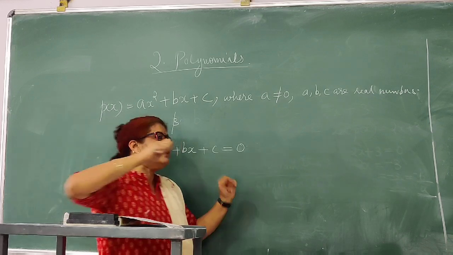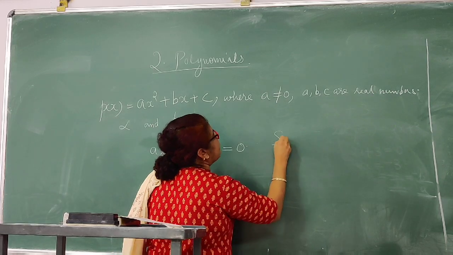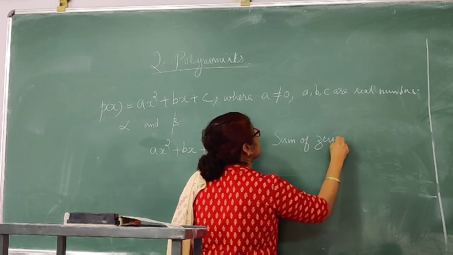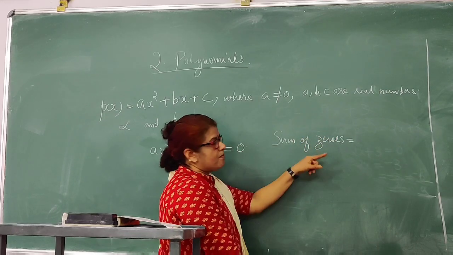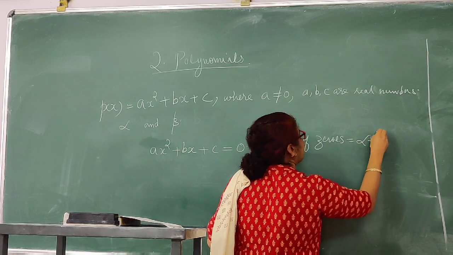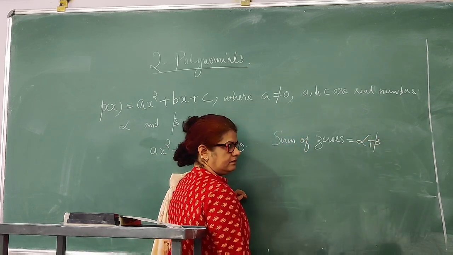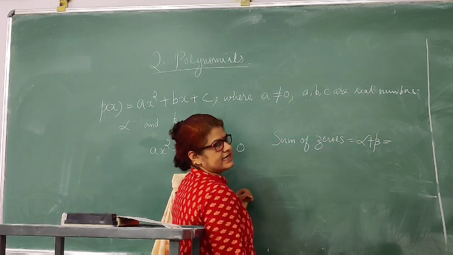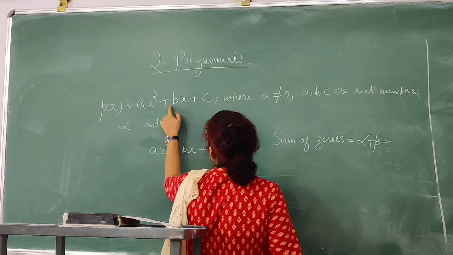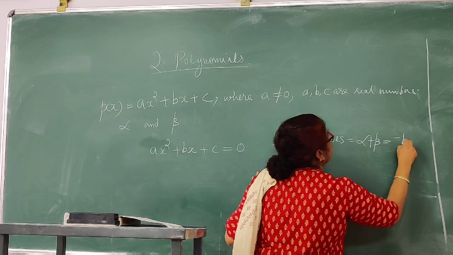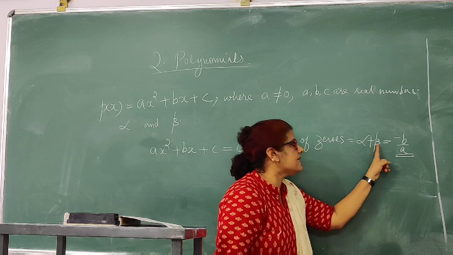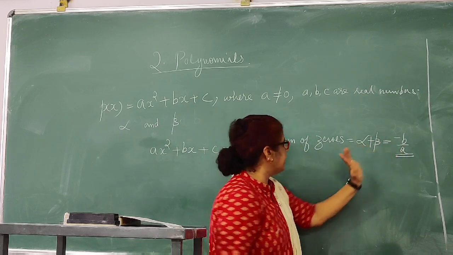The relationship here is given by the sum of zeros. If the zeros are alpha and beta, the sum of zeros we can write as alpha plus beta. In terms of the coefficients, alpha plus beta will be minus b by a. This is the relationship between the zeros and the coefficients.